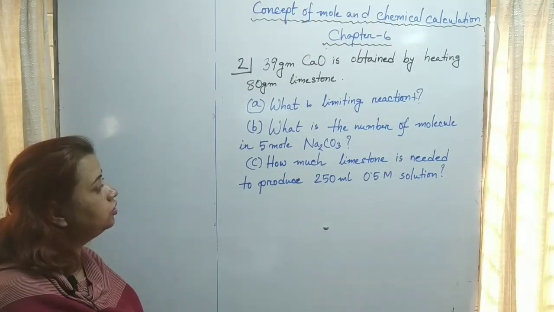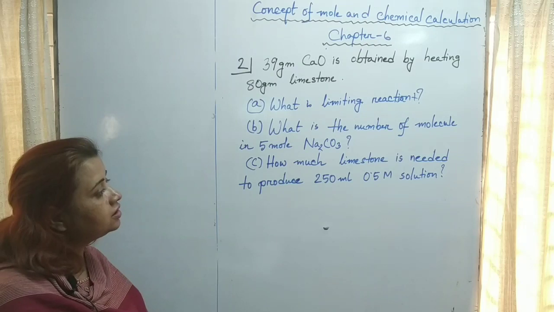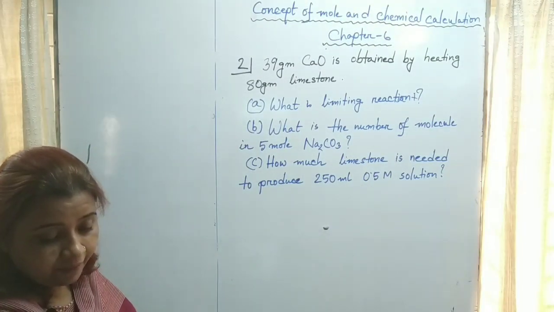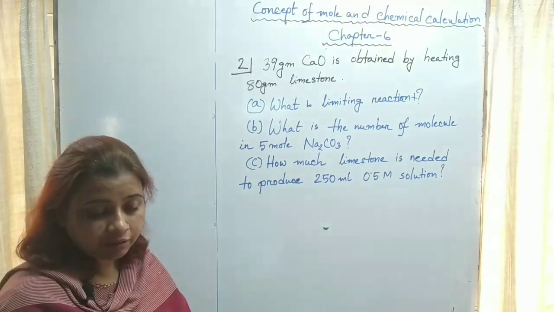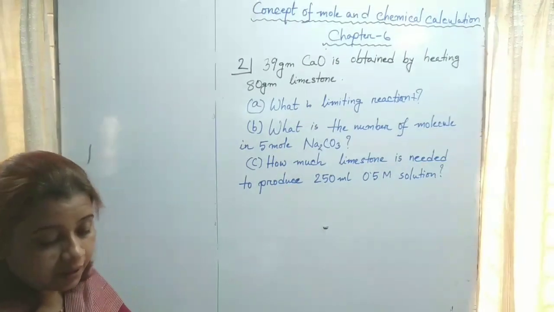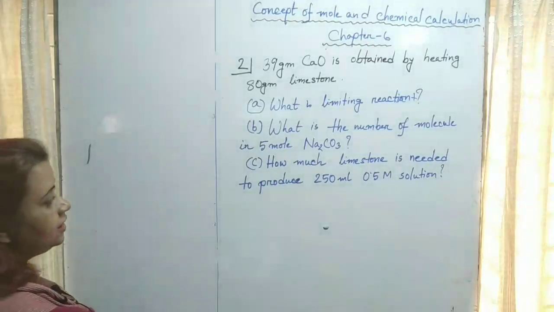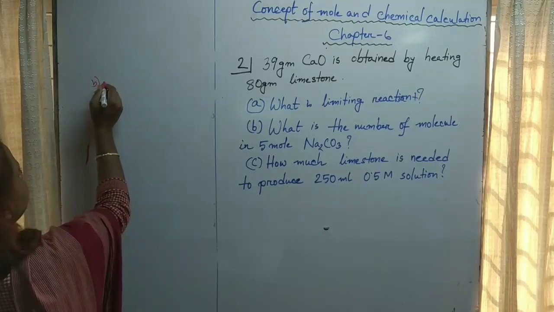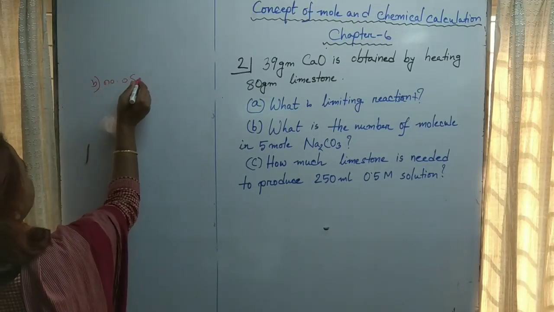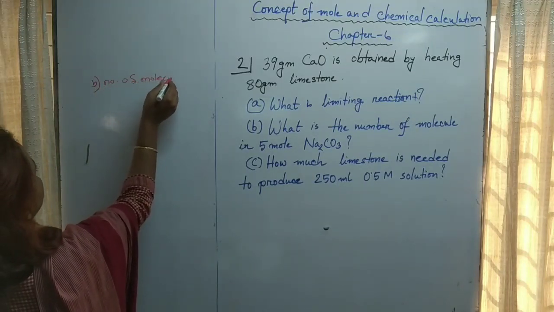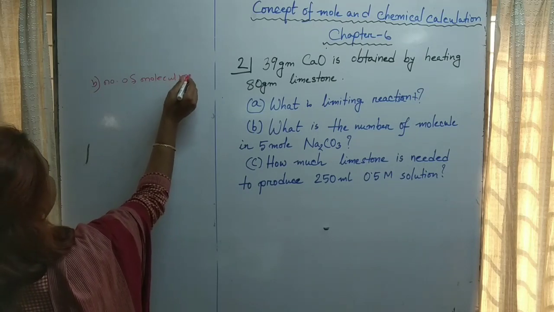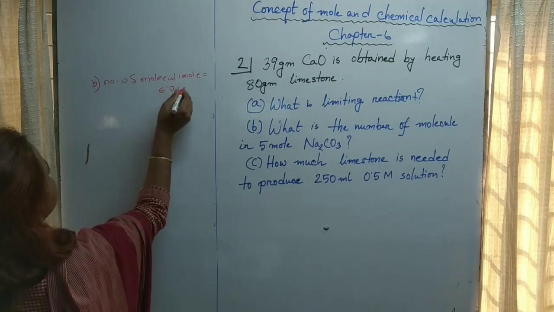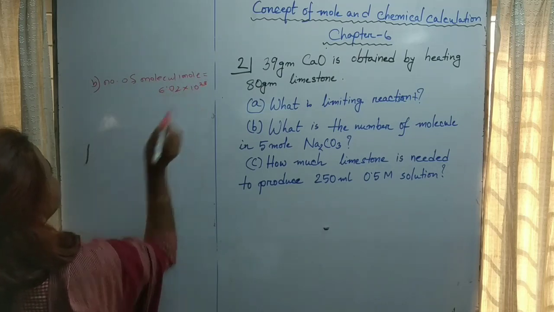What is the number of molecules in 5 mole sodium carbonate? How can you solve this one? Number of molecules in 1 mole sodium carbonate is equal to 6.02 into 10 to the power 23.